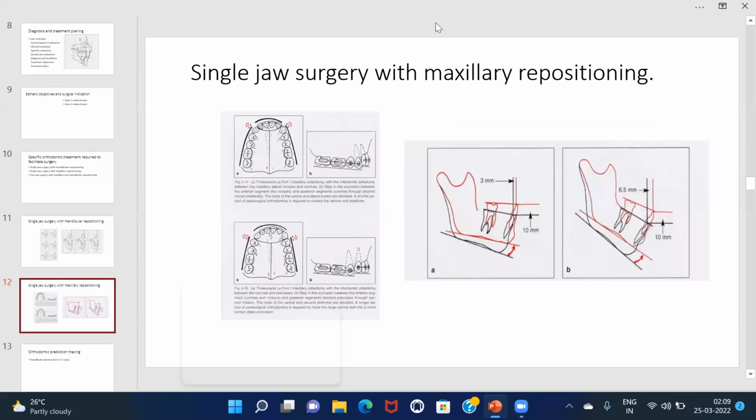Now, single jaw surgery with a maxillary repositioning. The mandible, especially the mandibular incisor, determines the new anteroposterior position of the maxilla. The surgeon may alter the vertical height with inferior or superior repositioning of the maxilla.